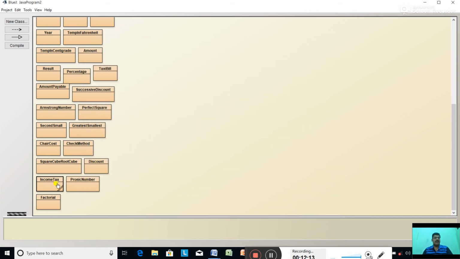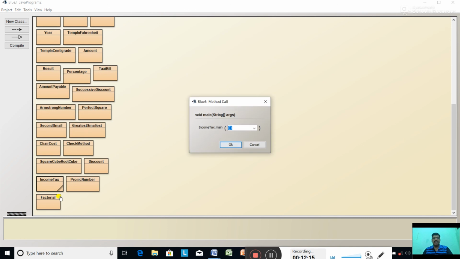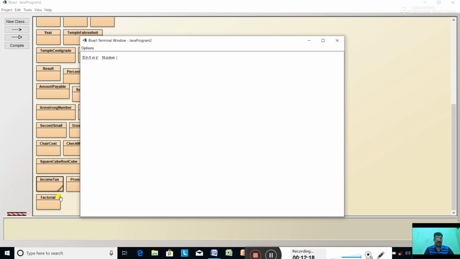Again check IncomeTax, void main, give the name Ram Prakash. Enter the age, suppose 54. Enter taxable income, fill any amount, and the tax payable is 18,566. So check the program.